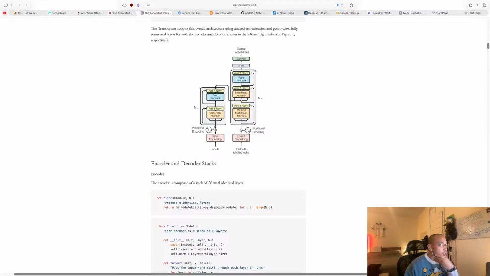then it gets passed into the encoder block, where, as we have seen, the input gets split apart and given to n different heads, where the number of heads is equal to the dimension of the model divided by the dimension of the key, or the dimension of the key matrices, query matrices, or value matrices.